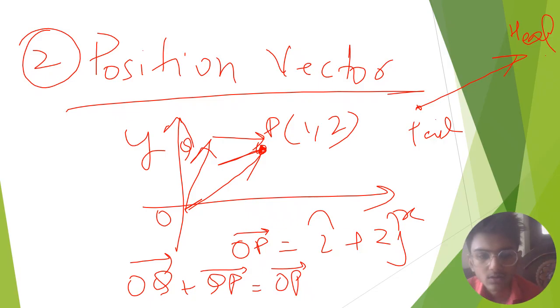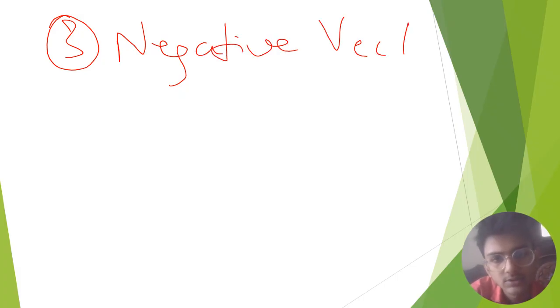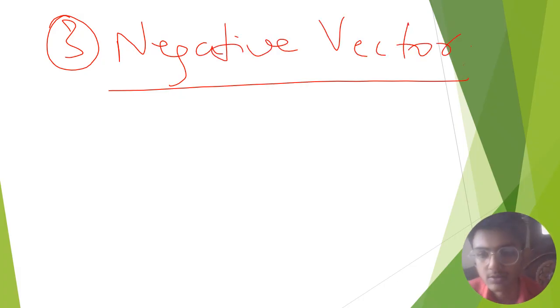Okay, I'm talking about negative vector. It is actually the negative of a vector. See, magnitude cannot be negative. We are writing any vector as minus b vector.